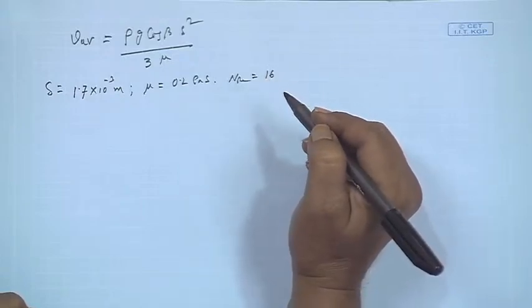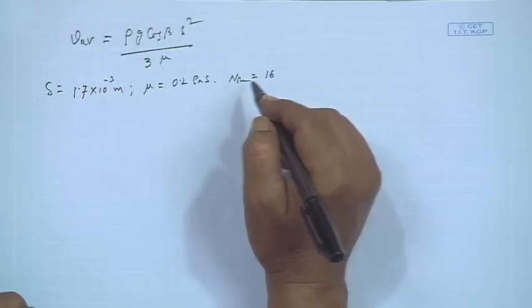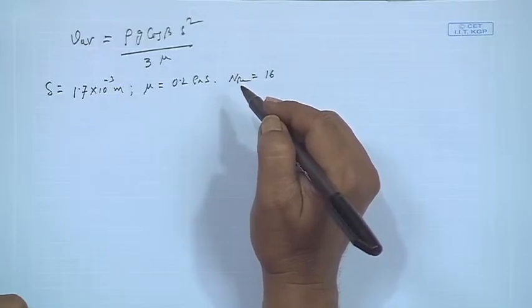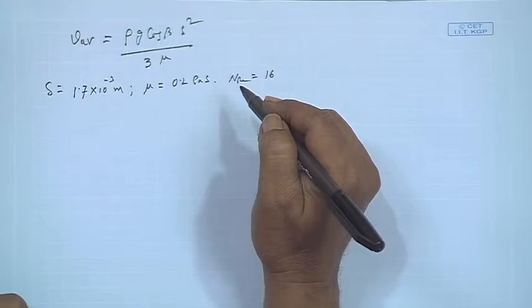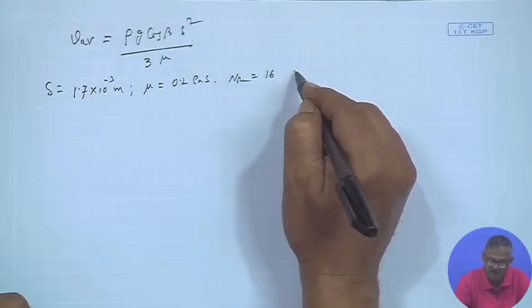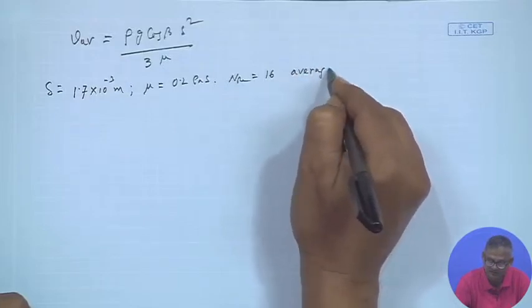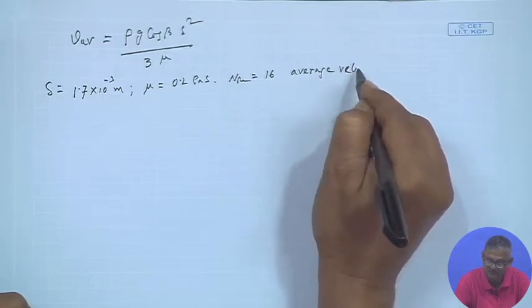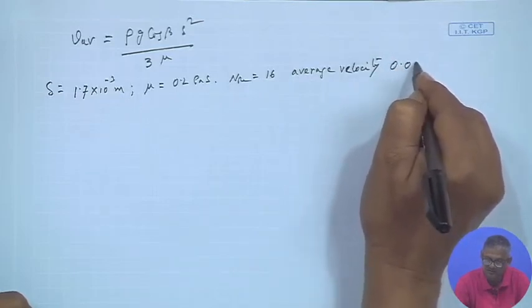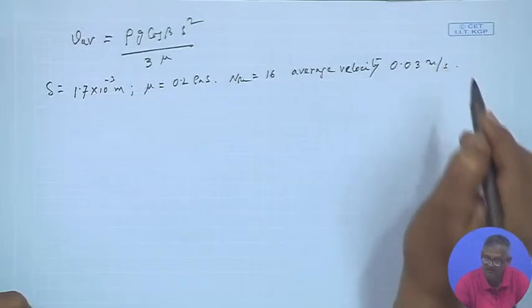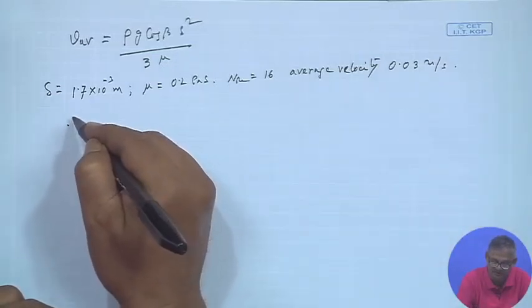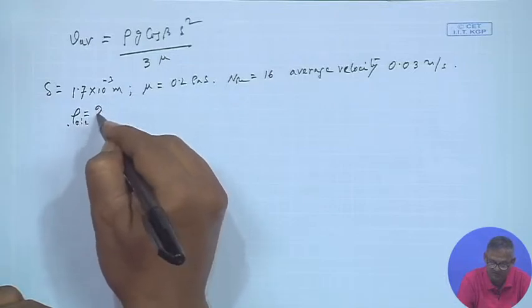The average velocity is say around 0.3 meter per second. Then find out the density of the oil.